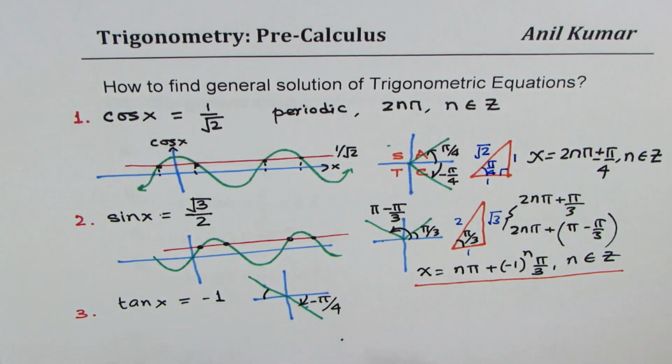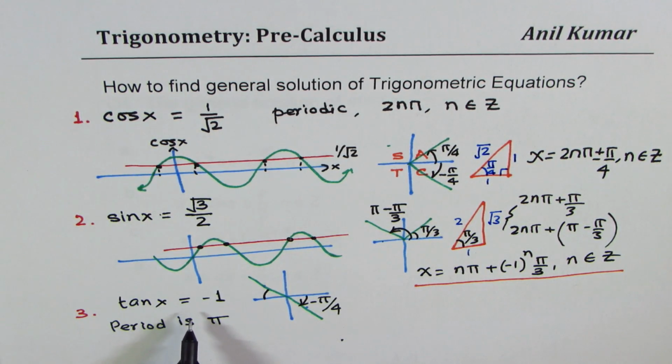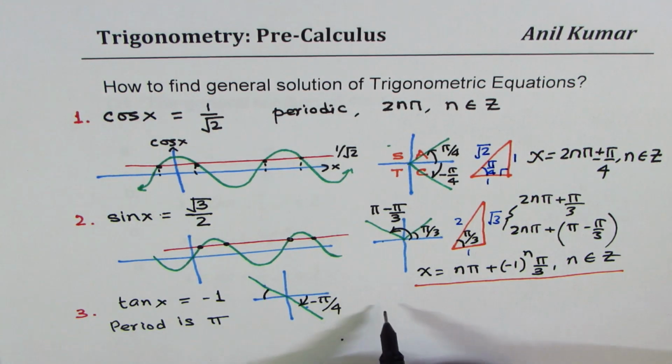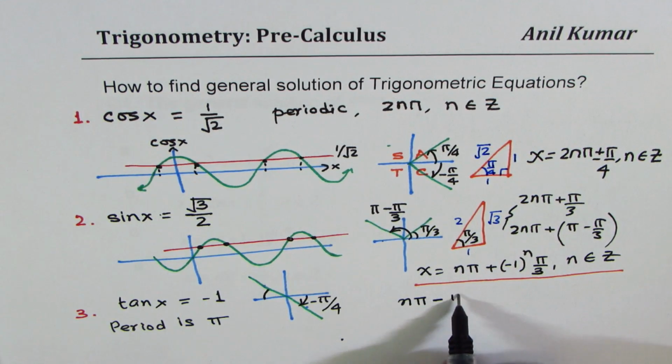Minus pi by 4. Now in tan, remember the period is pi, and therefore it's very easy to write the general solution. In this case, this value of pi by 4 repeats. So we can always say n pi minus pi by 4.